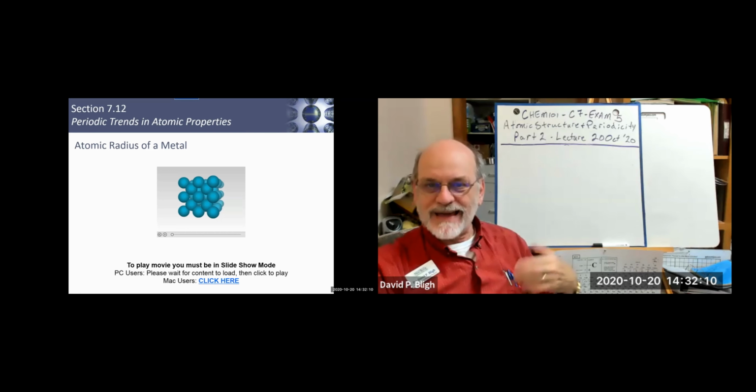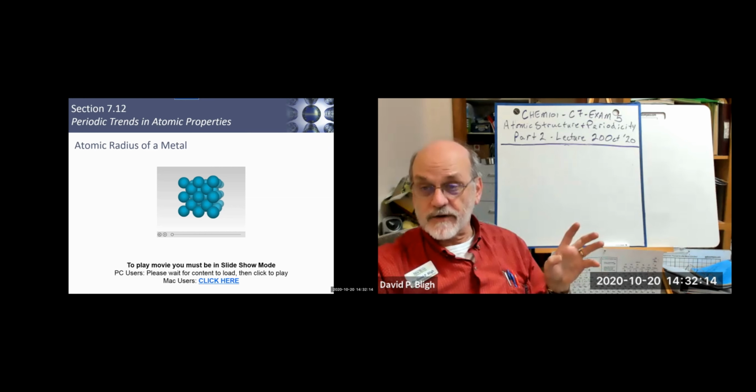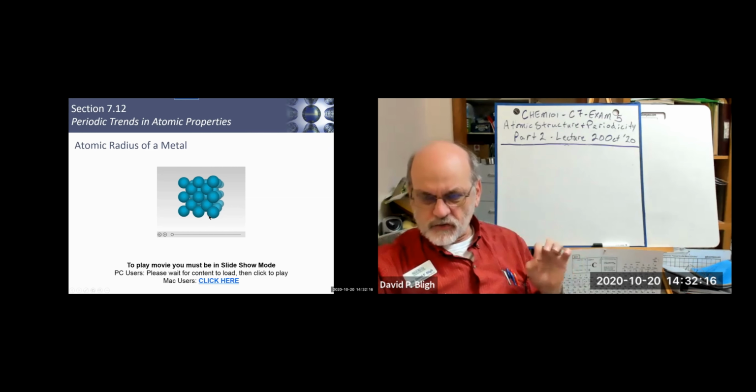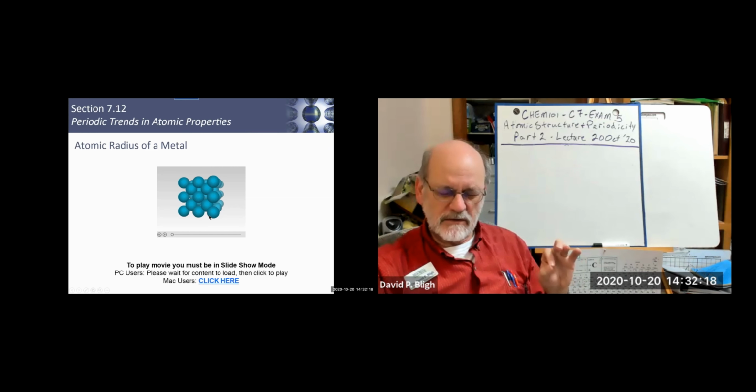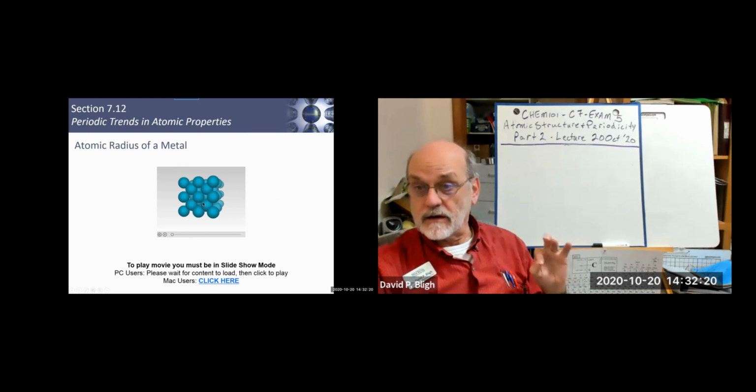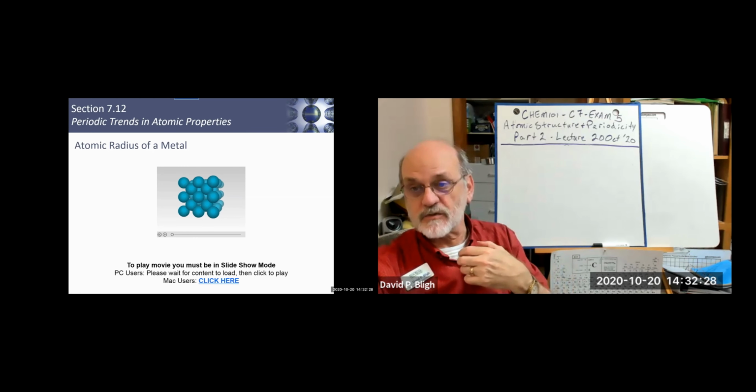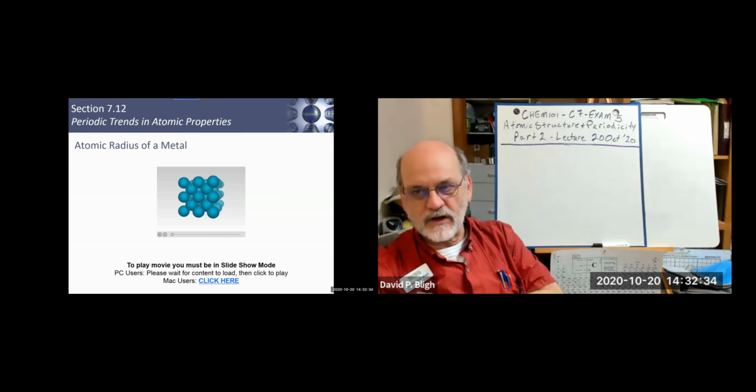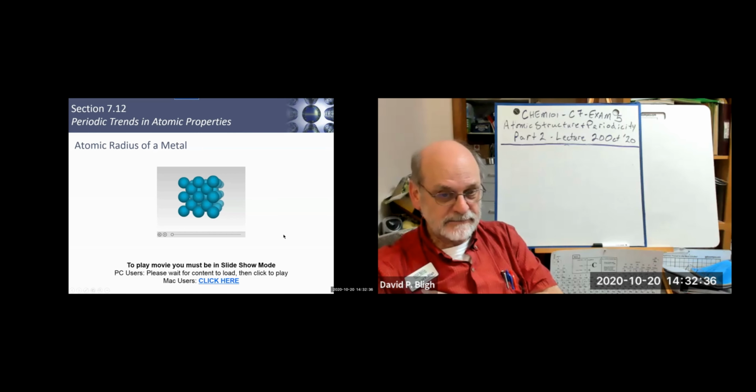So when you have a metal like this and you use X-ray crystallography, you can get extremely accurate measurements of the spacing of the atoms. When you're talking about liquids and elements that at standard temperature and pressure are liquids or gases, then it's a little bit iffy. I'm not too sure how they manage that.